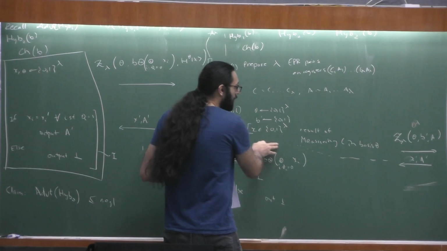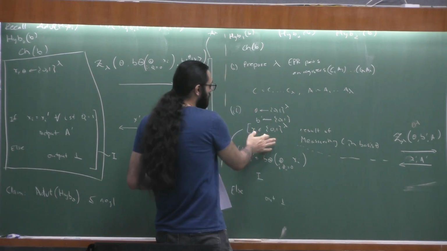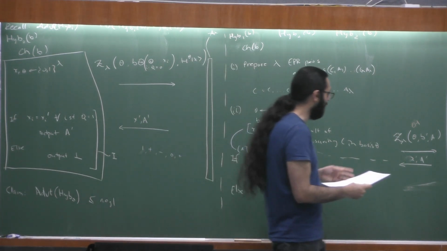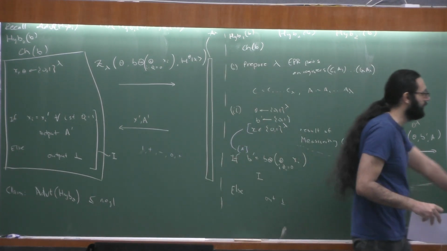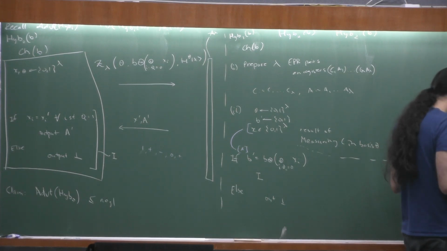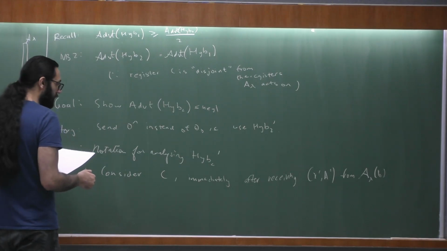And now register C was this, right? So we're looking at that register immediately after receiving the result from the adversary.